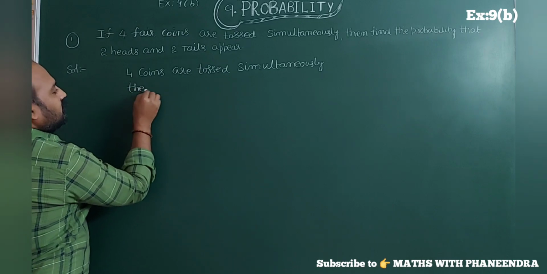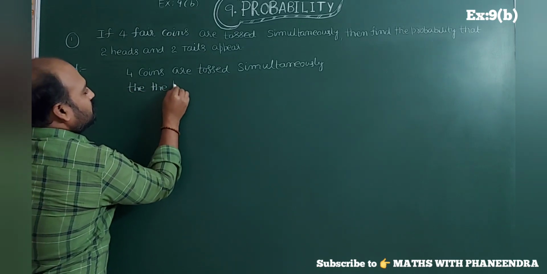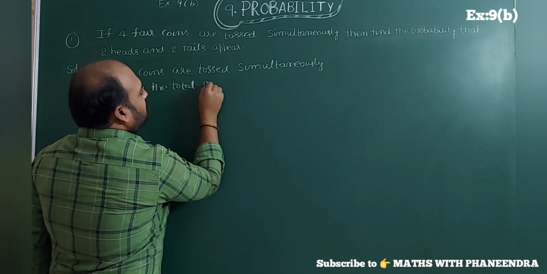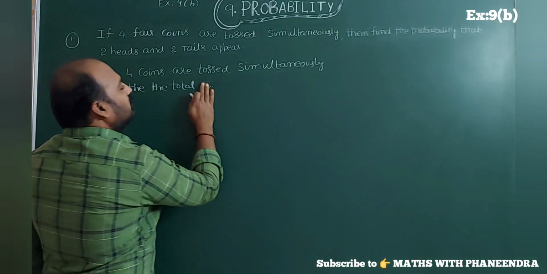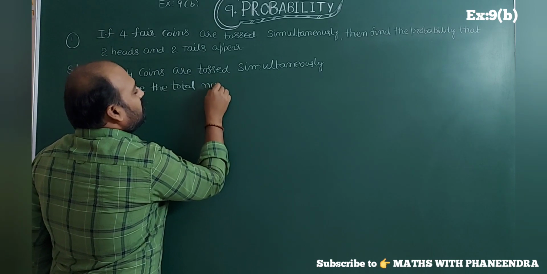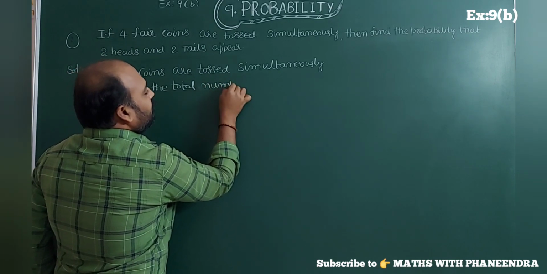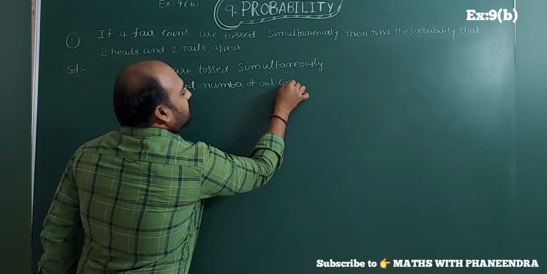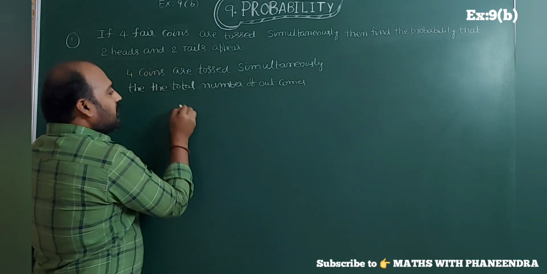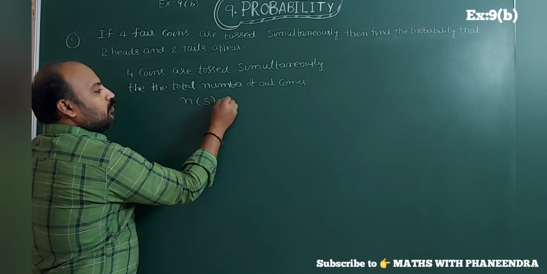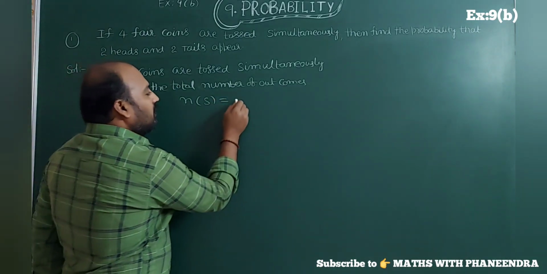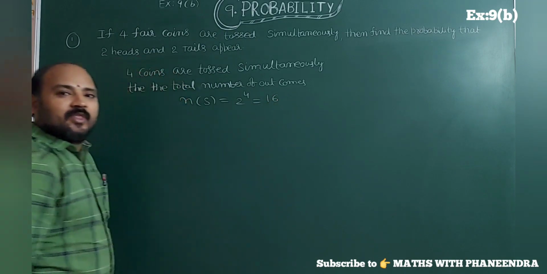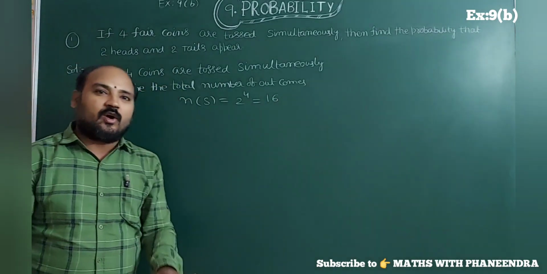Then the total number of outcomes, n of S, in the sample space is 2 power 4, that is equal to 16. So total possibilities we got.